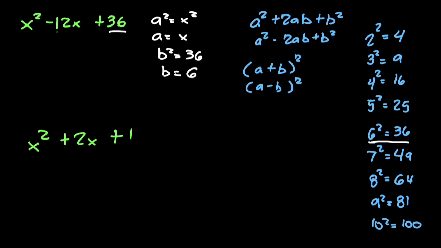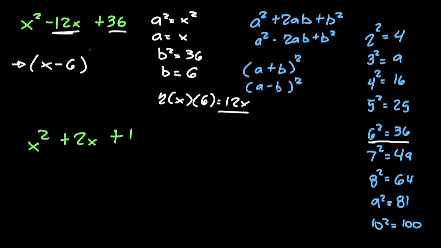Now let's confirm whether it is 12x, so it would be 2 multiplied by x multiplied by 6, so it would be 12x, which matches the middle term. So our final answer here would be x minus 6 raised to the power of 2. Because it is a negative, we must use the negative here.